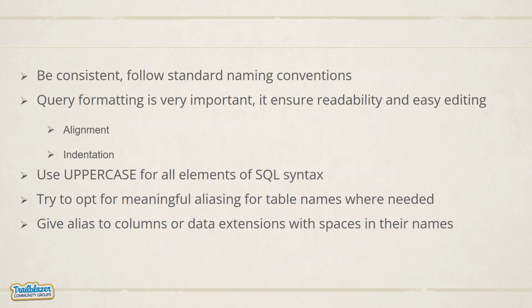Try to opt for meaningful aliases where you are using your table names. Let's say your table name is too big, like subscriber underscore email sent underscore sent, and you are joining with that. Then in your join condition it becomes less readable. In that case you can use an alias.